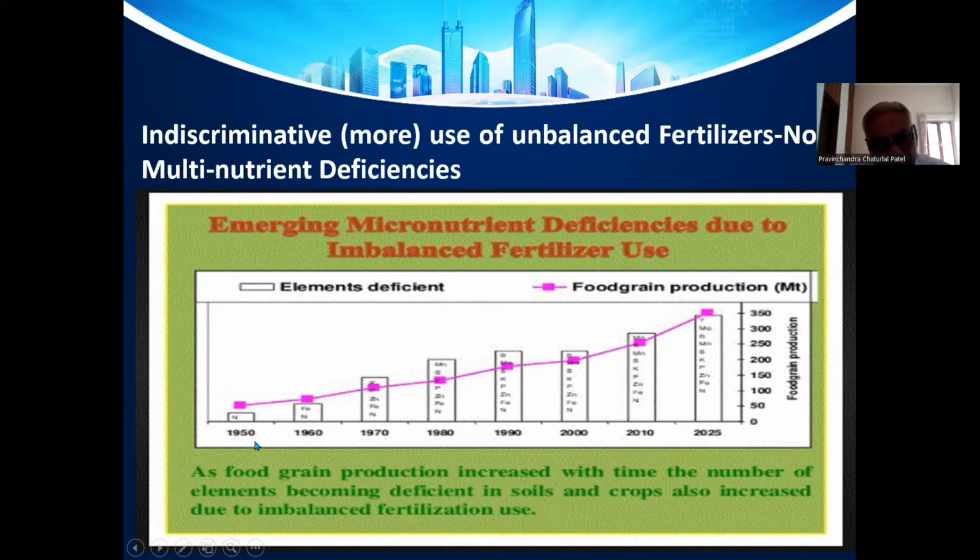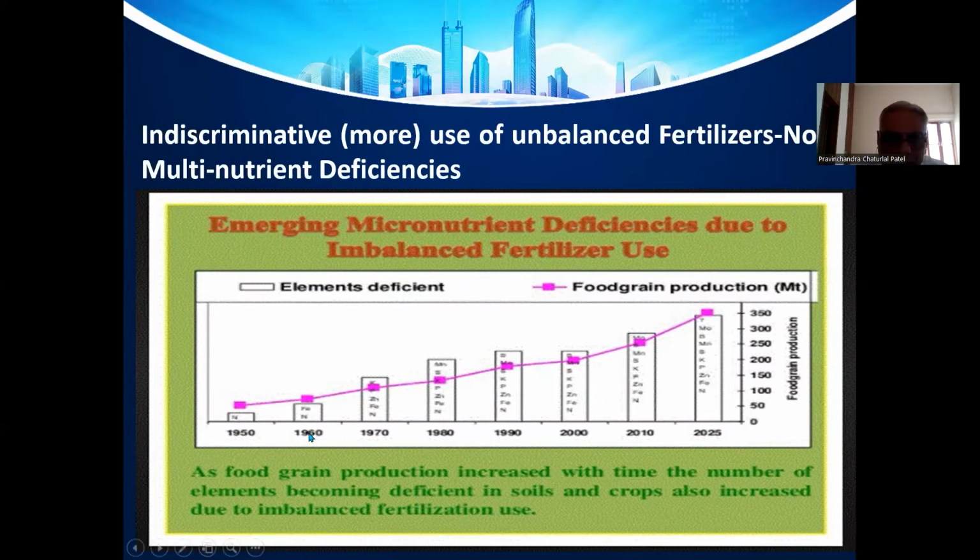In 1950, the farmers were using less chemical fertilizer and practicing monocropping. There was less irrigation facility at that time, and the population of India was around 40 crores in 1950. So at that time, we had only nitrogen deficiency.